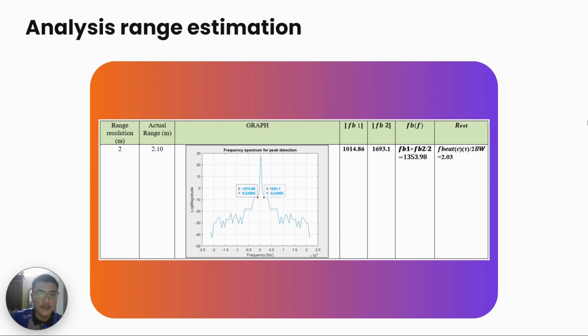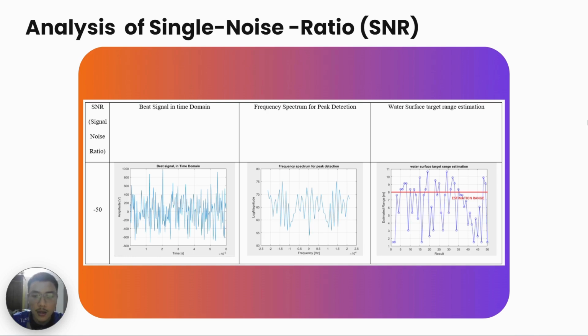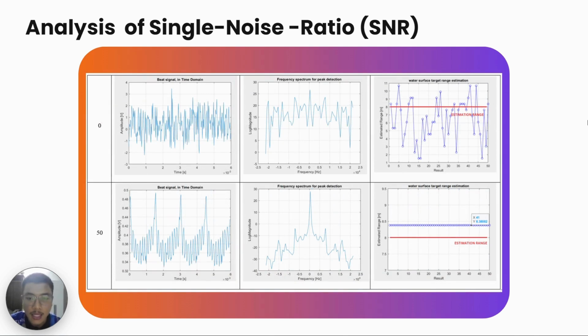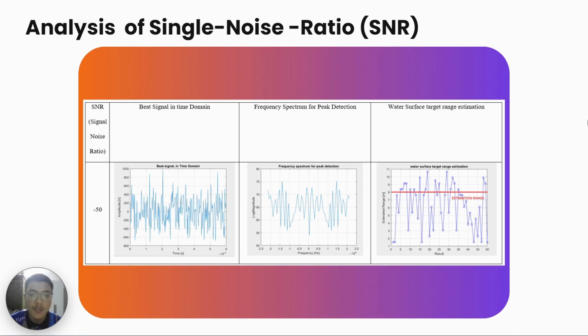So this is the analysis of signal-to-noise ratio, SNR. We use 3 stages of noise level, which are negative 50, 0, and 50. The reason we use the SNR is to assess accuracy, because a higher SNR, like 50 decibels, leads to a clear signal and accurate measurement, while a lower SNR, like negative 50 dB, causes inaccuracy. We also use it for algorithm performance.